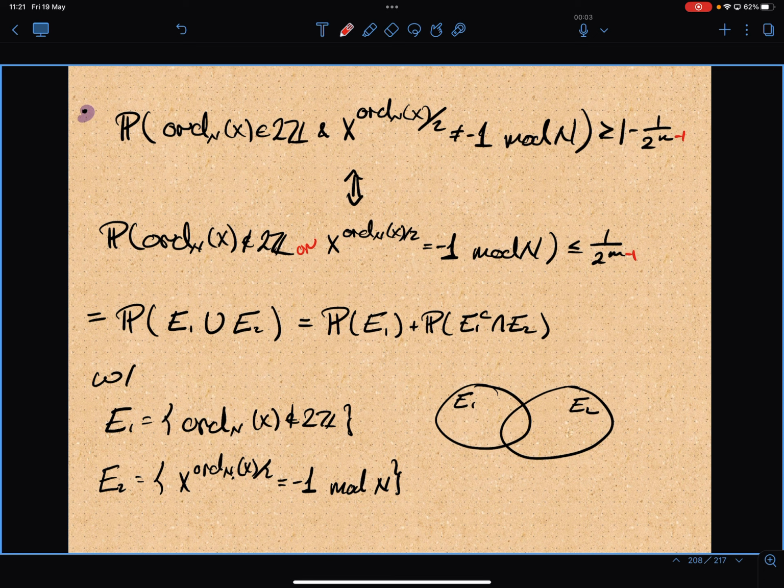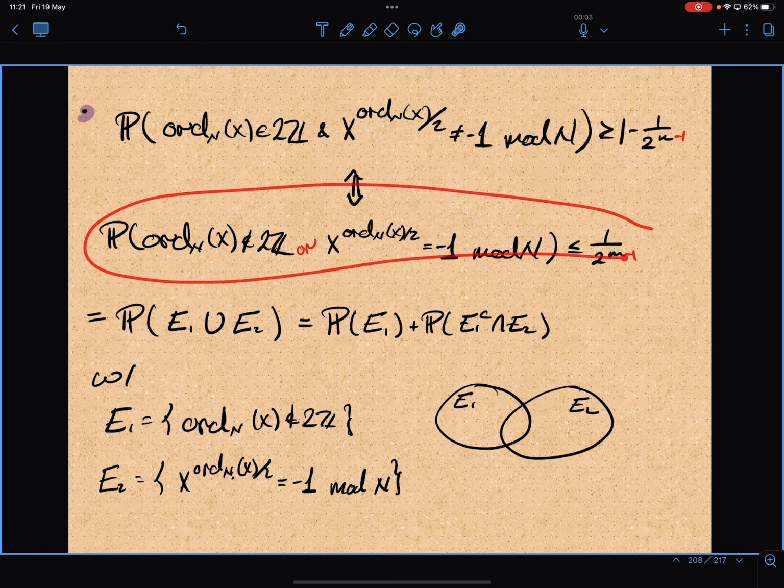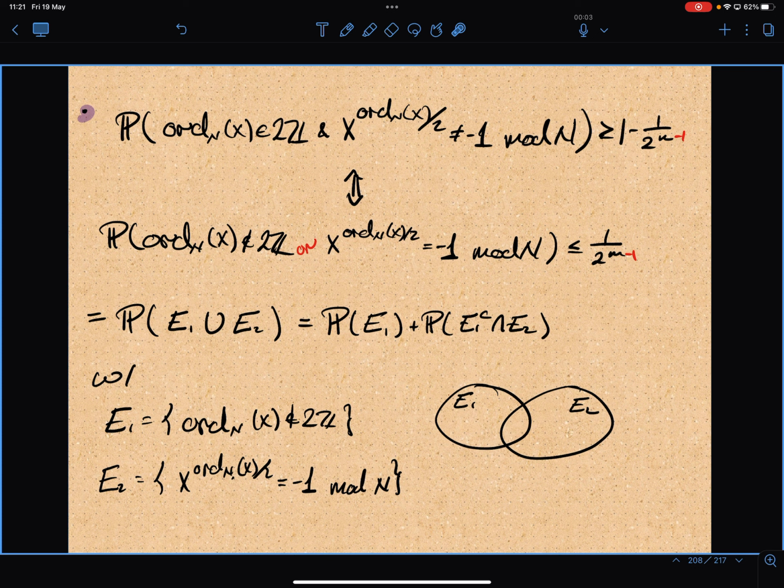So instead of proving this inequality, we're going to take the complement of this and prove this inequality. In particular, the probability that we're interested in is the union of two events, either this or this.